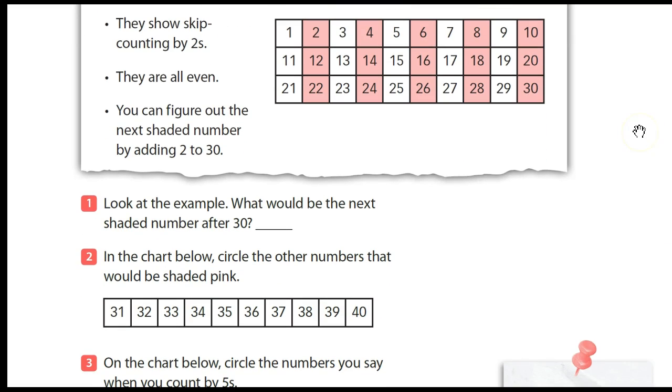So it says, look at the example. Okay, what could be the next shaded number after 30? McKenna? 32. 32. Okay. Now in the chart below, it says circle the other numbers that would be shaded pink.